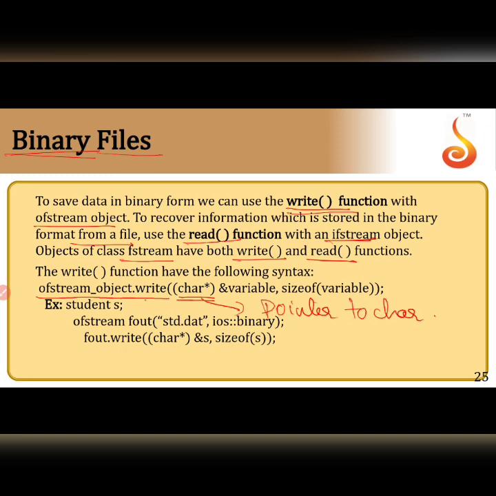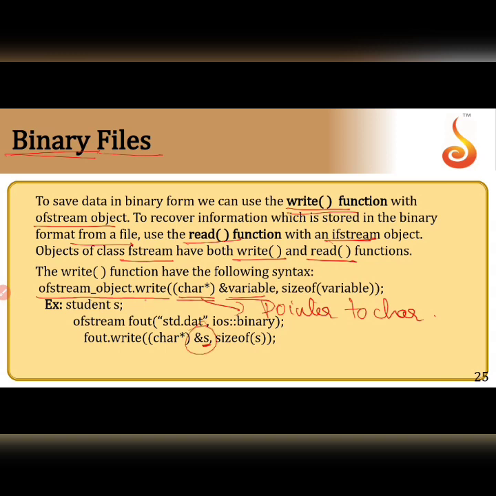Like for example, a structure of 3 elements which we will write. So, it would need around 25 bytes, and this would point to the entire block of memory. And ampersand variable. For example, if s is a structure variable, then whatever it is pointing to will come here.